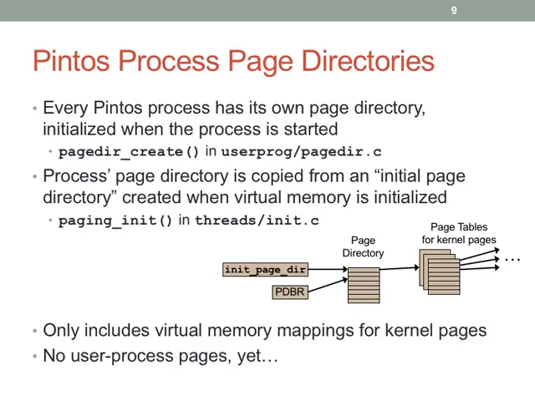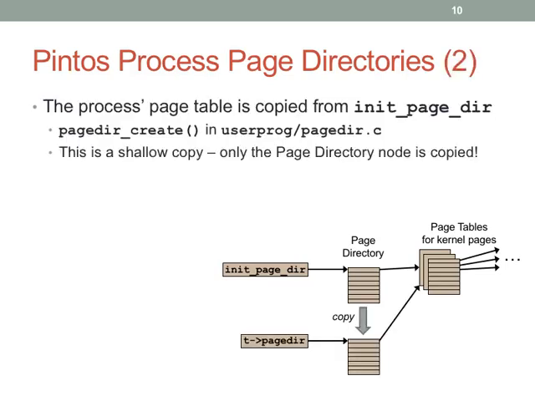It's using init pagedir. When you actually start creating processes, the page directory is copied, but that's the only thing that's copied. So what you end up with is the process's page directory referencing the page table nodes that the kernel has.